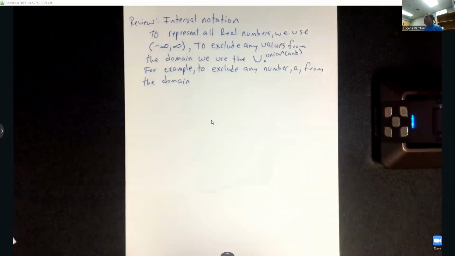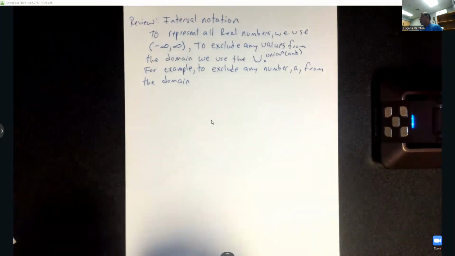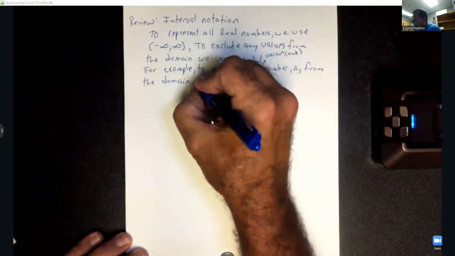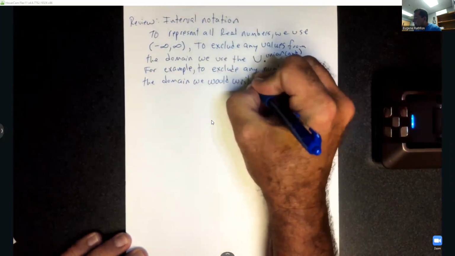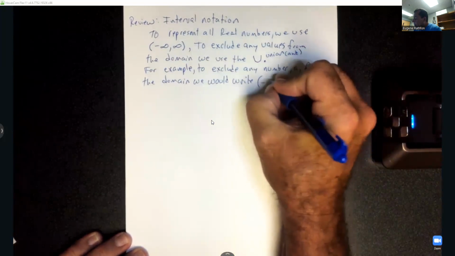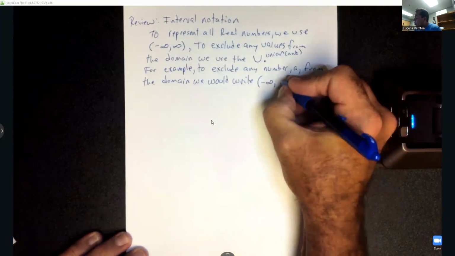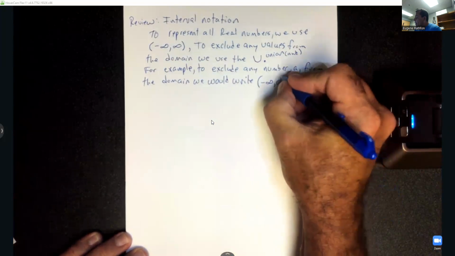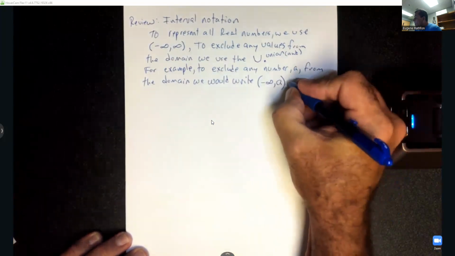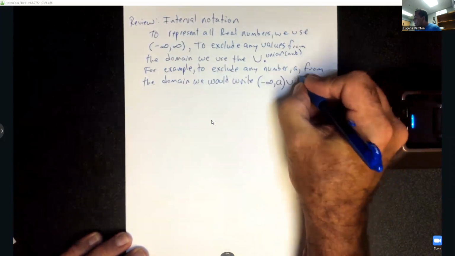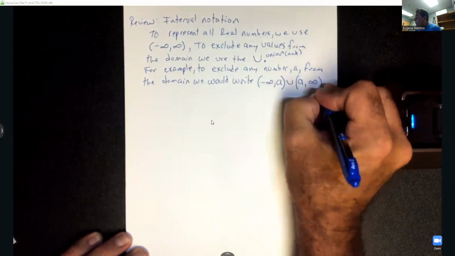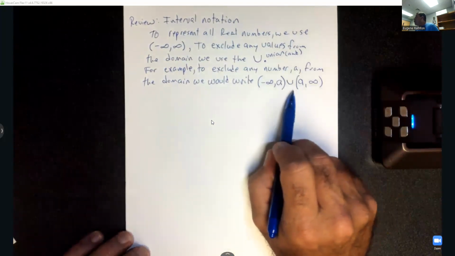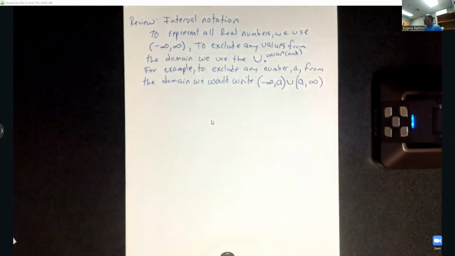Okay. All right, so if I want to exclude, say, a number a from my domain, we would write negative infinity up to our number a, close those parentheses, use our union, and then go from a to positive infinity. So we union around whatever number we're kicking out.